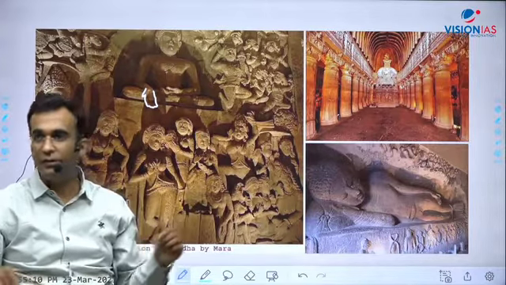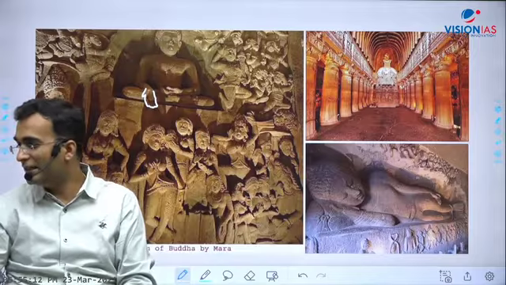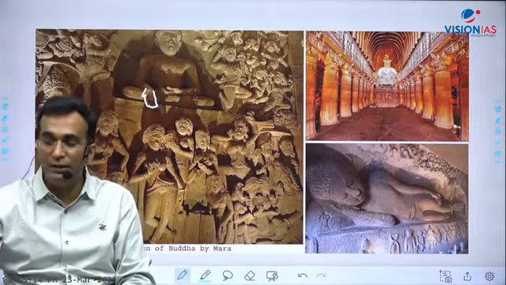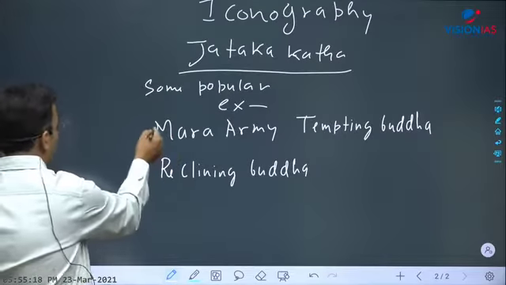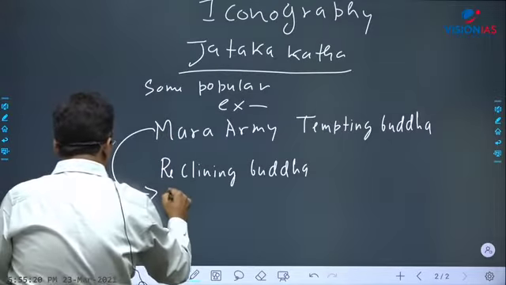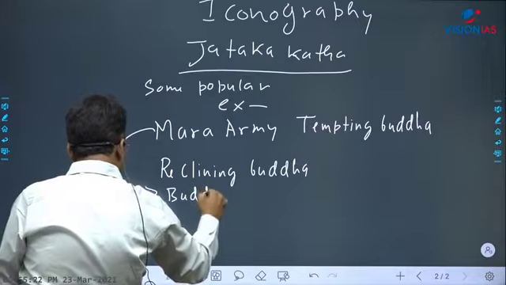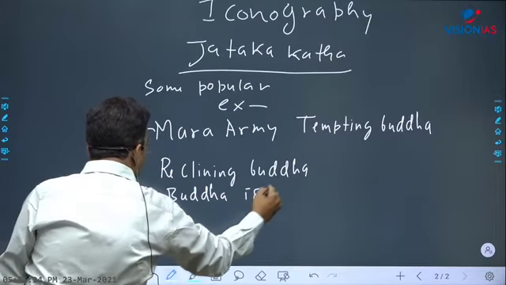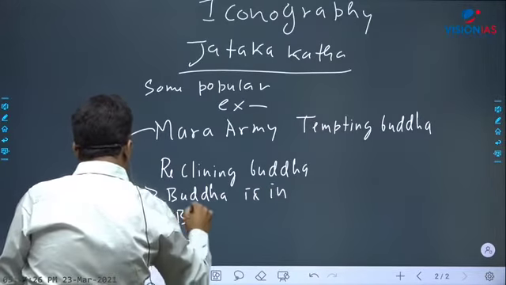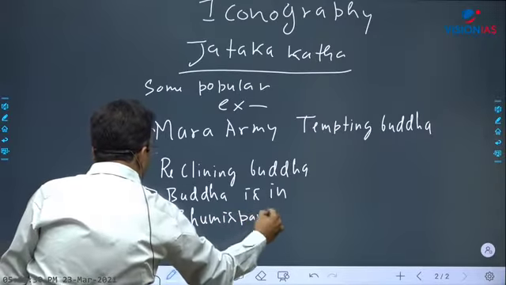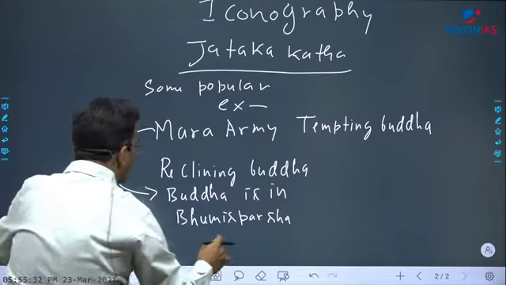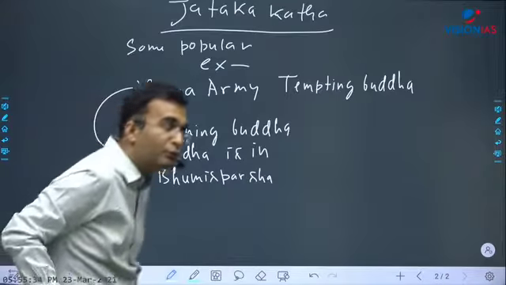So if you want, write down that you have written this example. In this example you can write Bhumi Sparsh Mudra. Let me write. In this image, Buddha is in Bhumi Sparsh Mudra. Write this down, because this was the question in 2012.